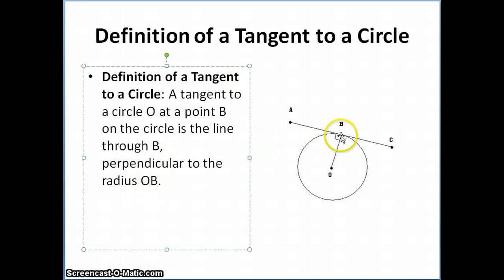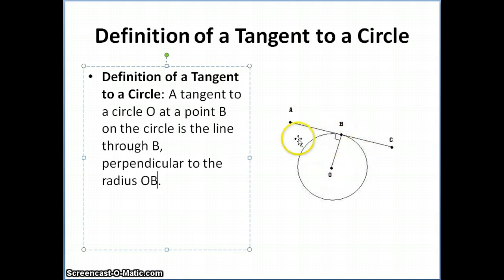So this point B is on the circle, and this line AC is the tangent line to the circle at point B, which is perpendicular to OB. O is the center. If we join O and B, it should be perpendicular to the tangent line. So that's the definition. We need to remember the definition of the tangent to a circle.